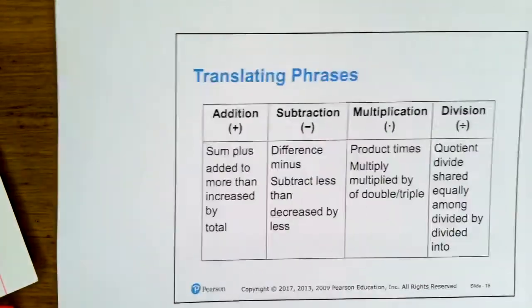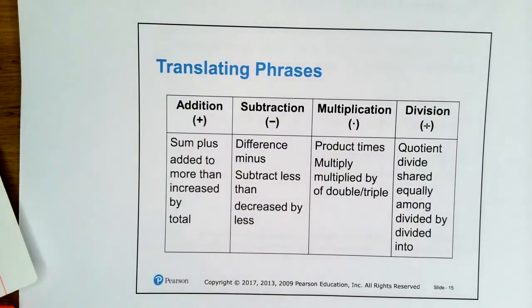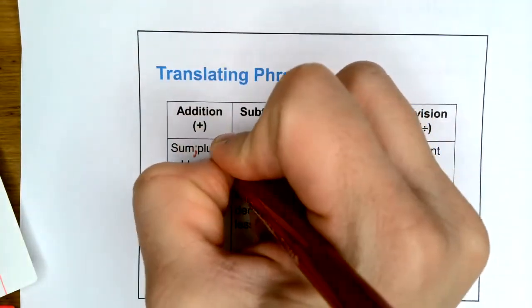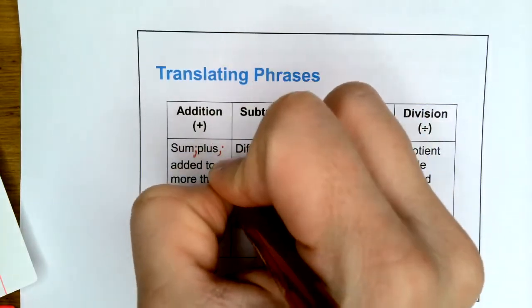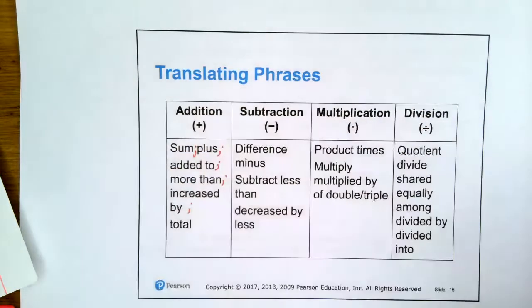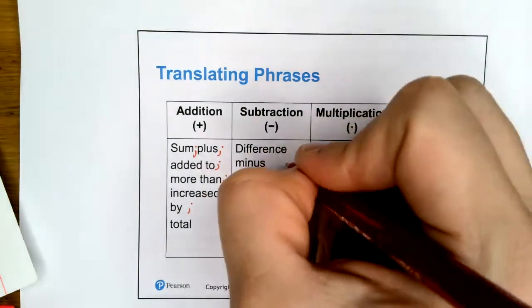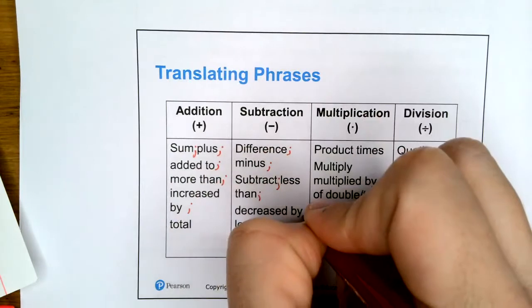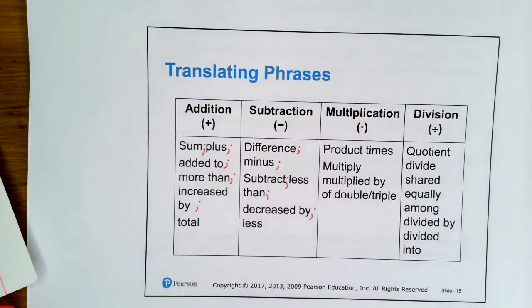All right, here's where we go back to translating. Here are different terms for our 4 symbols of addition, subtraction, multiplication, and division. We have sum, plus, added to, more than, increased by, and total. Subtraction, we have difference, minus, subtract, less than, decreased by, and less.